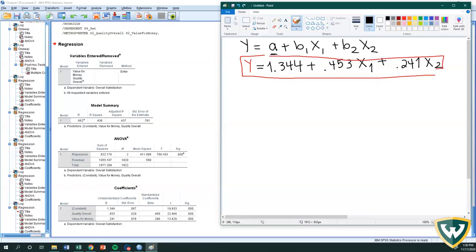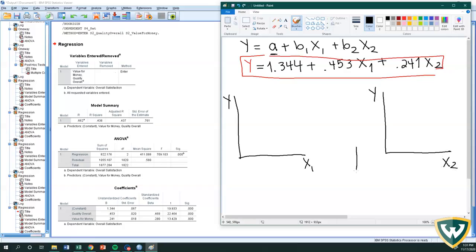In order to visualize it for you, I am going to draw two different axes here and try to illustrate the relationship between y and x1 and the relationship between y and x2.